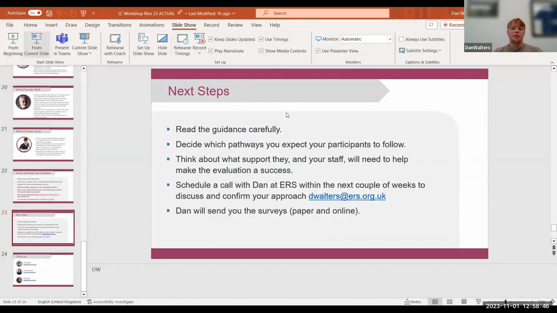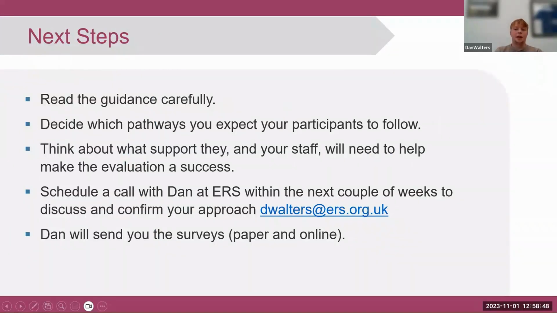So in terms of next steps, if you haven't done so already, please read the guidance carefully. Decide which pathways you expect your participants and volunteers to follow. Think about what support they and your staff will need to help make the evaluation a success. If you could also schedule a call with myself within the next couple of weeks, just to discuss and confirm your approach.